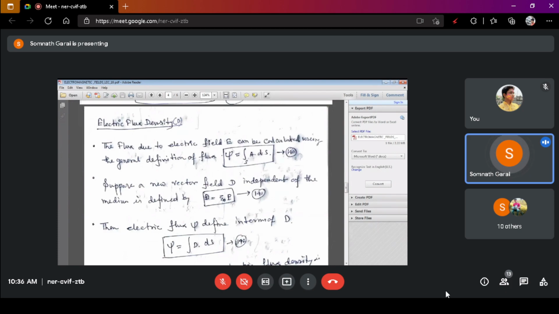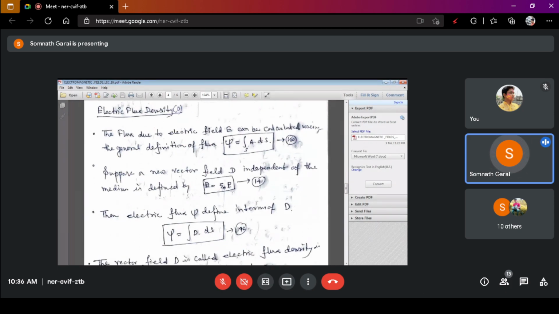Next, we go to another important topic, that is electric flux density. Electric flux density is given by capital D. And the main equation for the electric flux density is given by equation number 141, capital D is equals to epsilon naught into E. E is the electric field which was calculated in the last 3 or 4 classes for the line charges, the surface charges, or the volume charges.